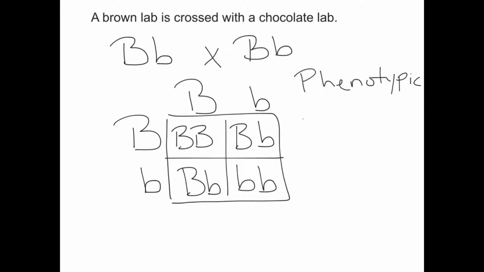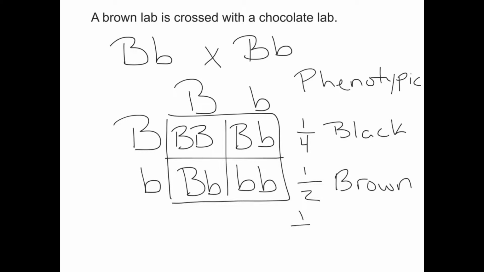So big B, big B is going to be black. 1/4 of our boxes have the big B, big B, so we have 1/4 black puppies. Half of the boxes have big B, little b, so those are brown dogs. And the last 1/4 of the boxes are little b, little b, which means that we're going to have yellow labs.